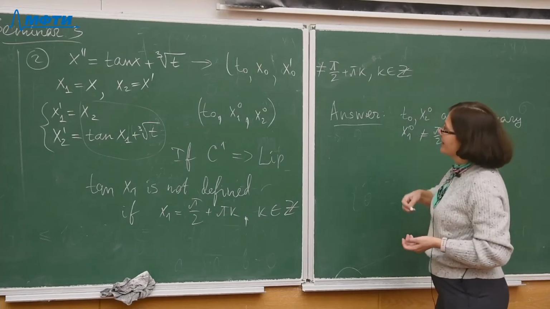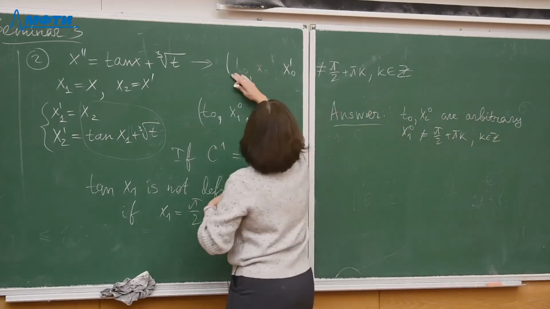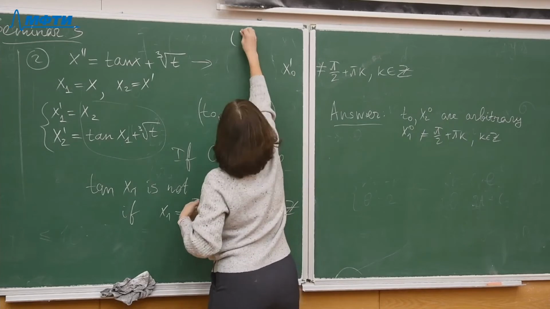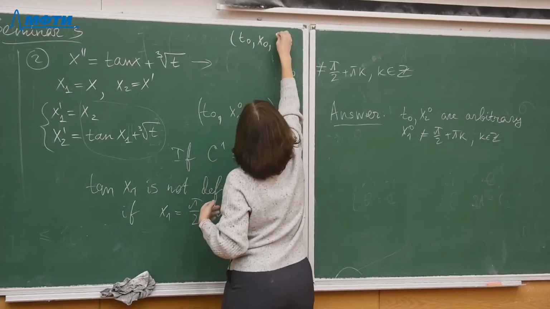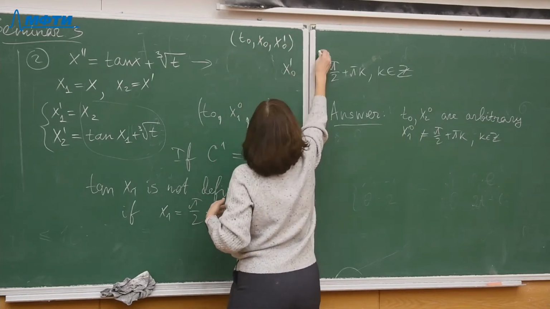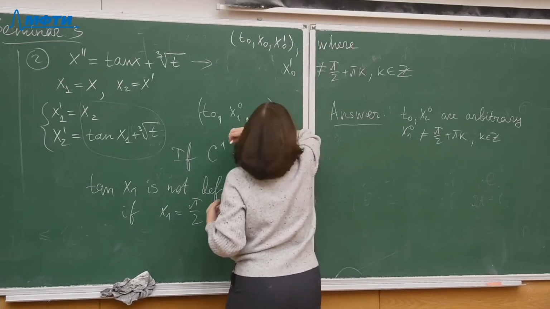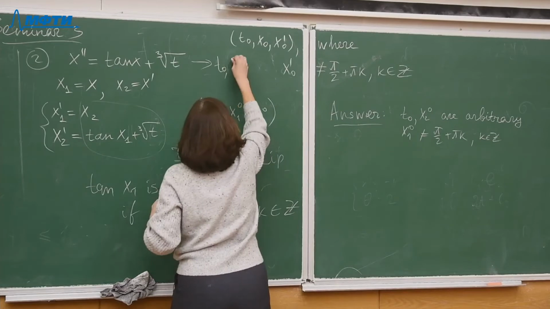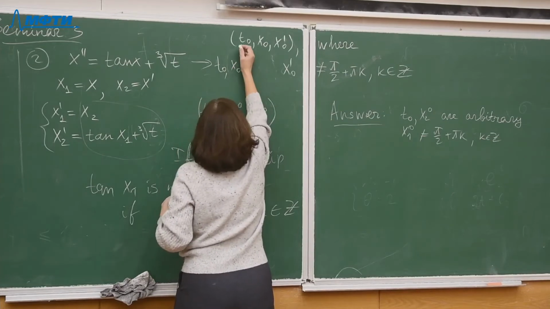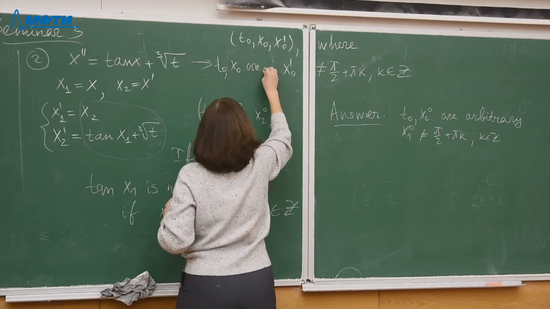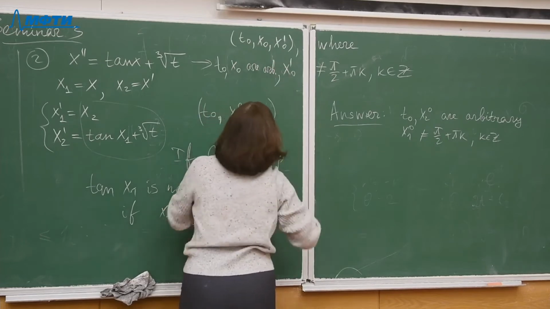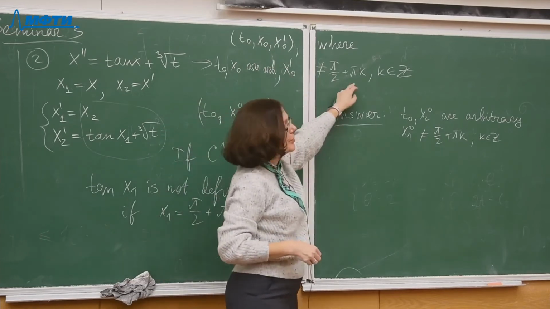So this is the answer. I will write it in another way: t0 and x0 are arbitrary, and x0 prime should not be equal to this.